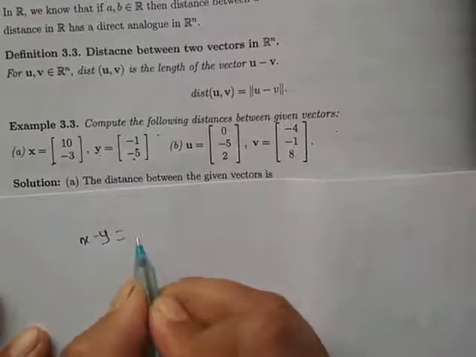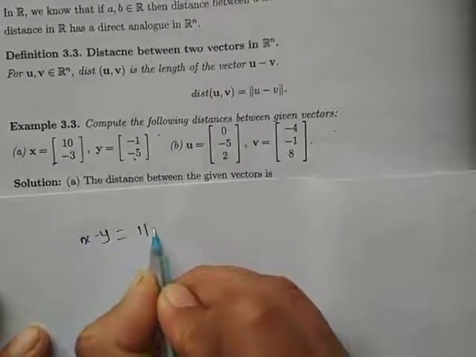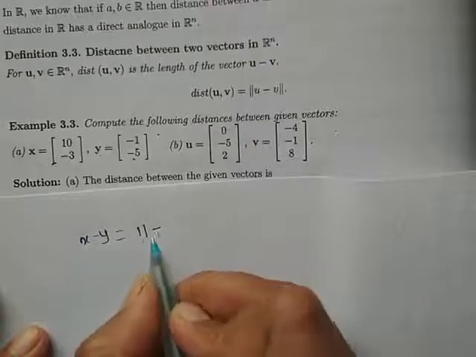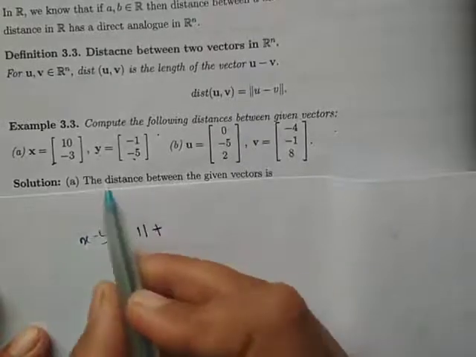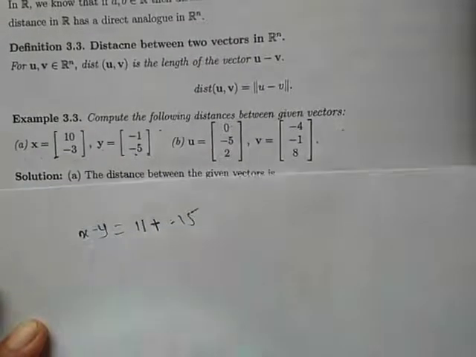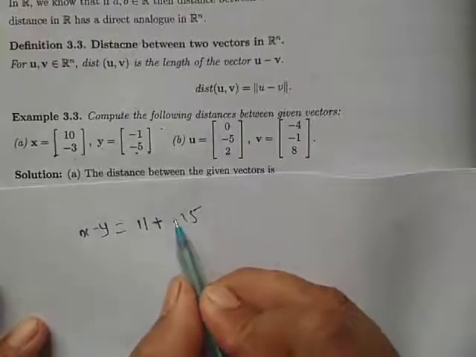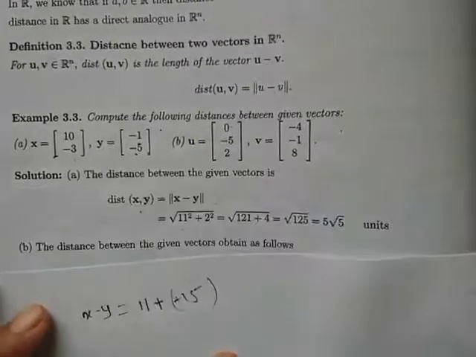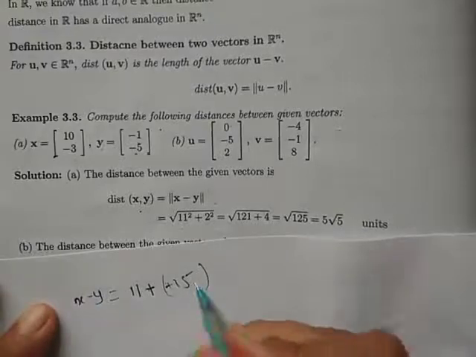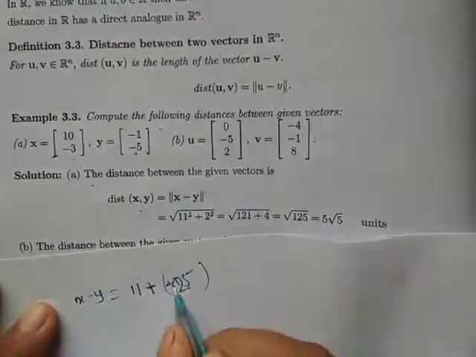So we will get x minus y equal to 10 minus 1, which means 11, and minus 3 minus 5... sorry, actually minus 3 plus 5 is 2.